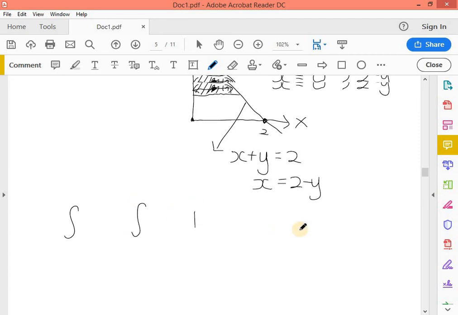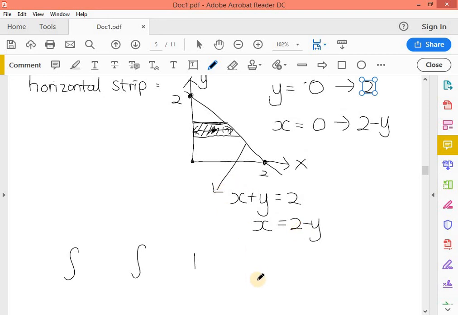Okay? Next, please fill up this thing for me. What should be here? Yes, good. Then here will be 0, 2 minus y. So what will be the next thing here? d? Who says dx?